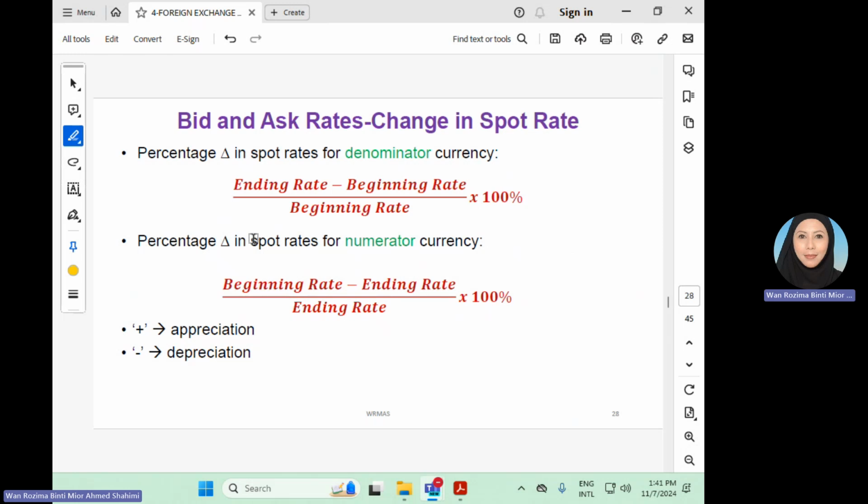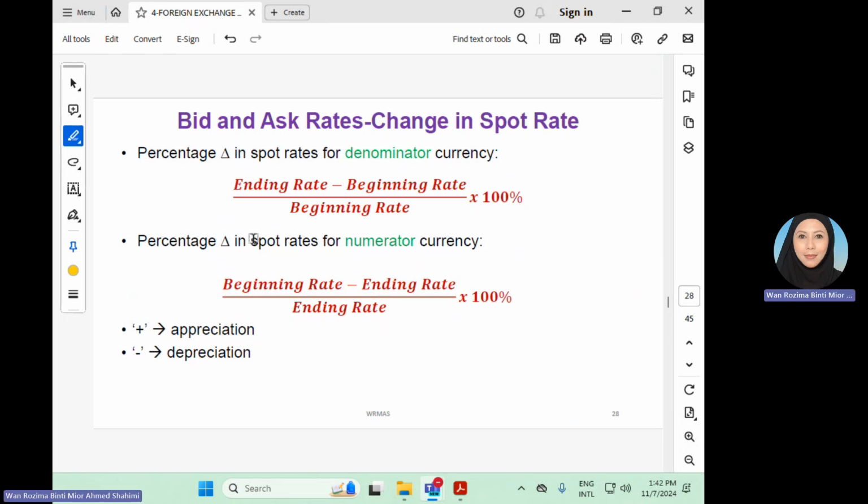Okay, class. On the previous page, with the bid and ask spread, we wanted to know the gap between the bid price and the ask price. This one is the spot rate between two different periods. Nothing to do with bid price or ask price. Is there any bid price or ask price? No, it's just two different periods.